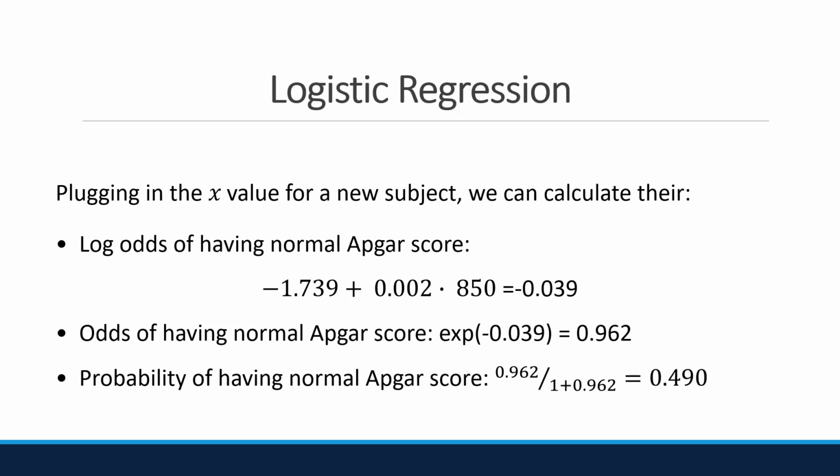Plugging in the x value for a new subject, we could calculate the log odds of having a normal APGAR score as negative 0.039, the odds of having a normal APGAR score as 0.962, and the probability of having a normal APGAR score as 0.490.